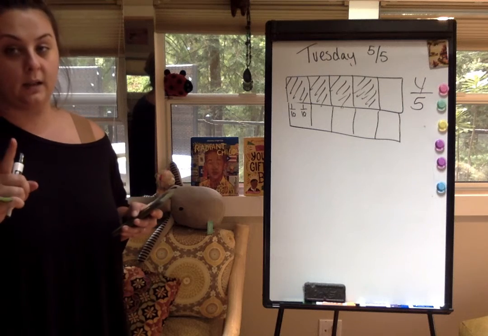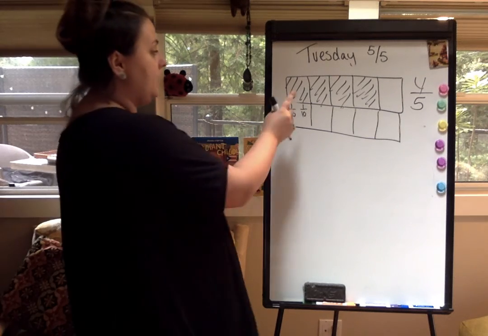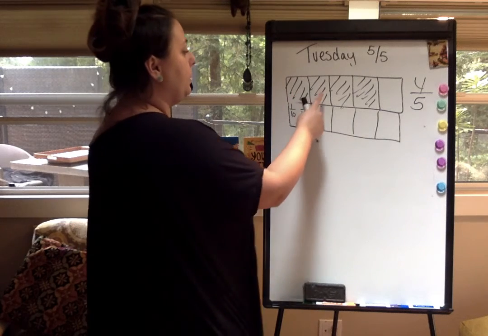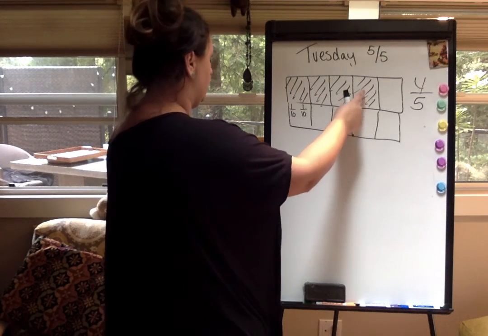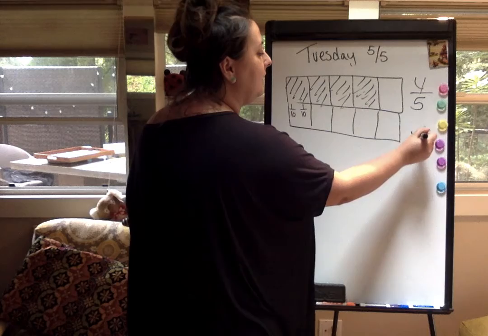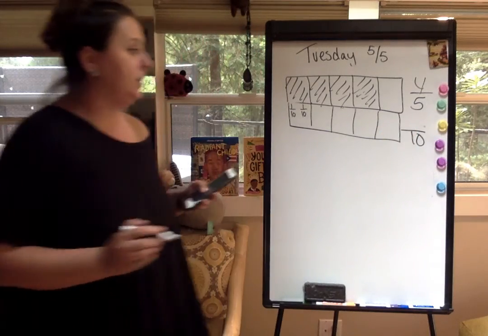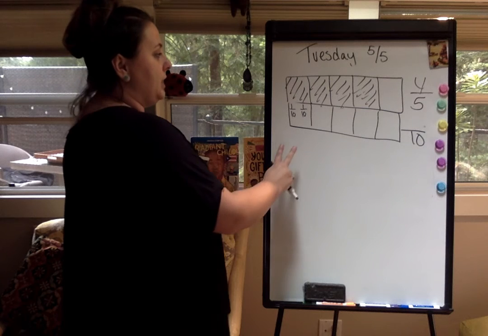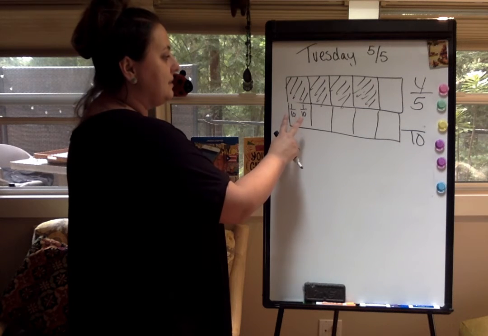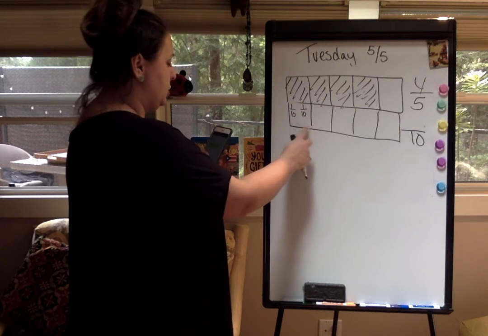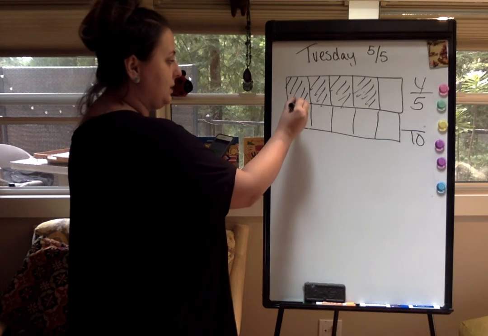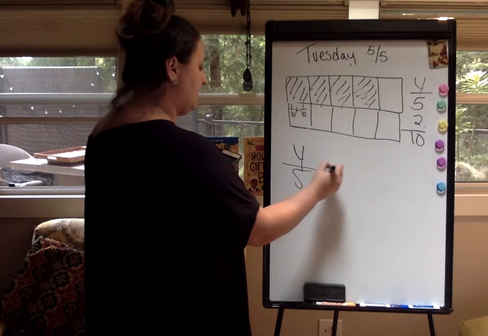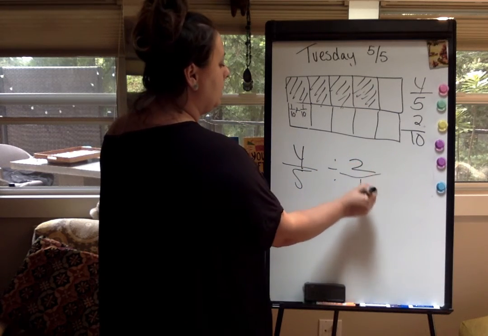So really, we're looking for the whole, the total amount: 1, 2, 3, 4, 5, 6, 7, 8, 9, 10. There's your new denominator. And this is a model for division. And they're dividing these into 2. You see these 2/10ths here? So this is going to be 4/5 divided by 2/10.